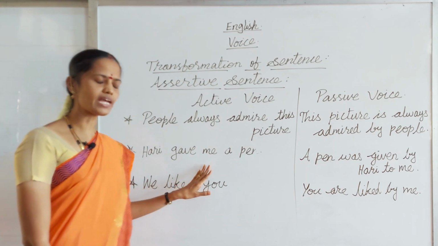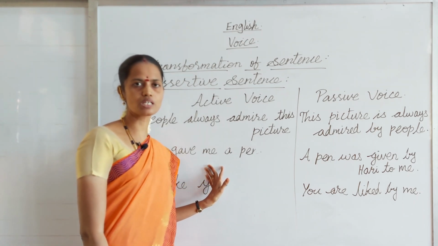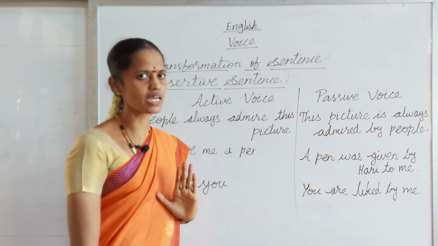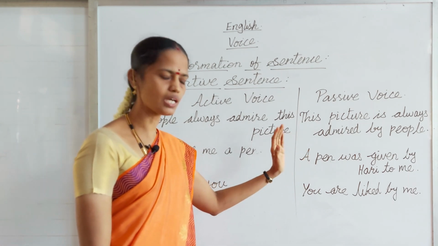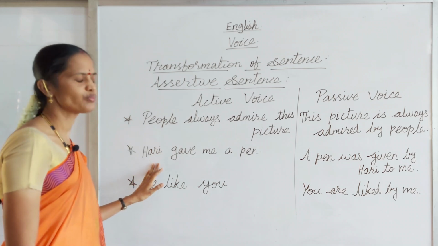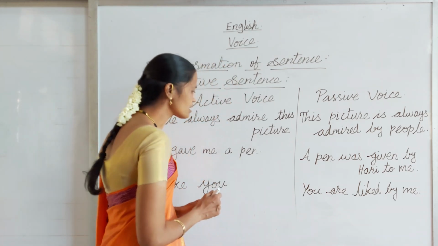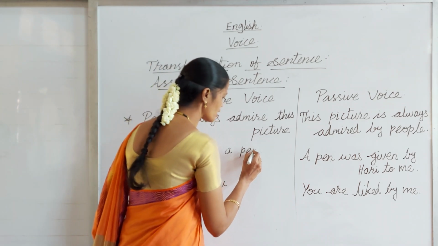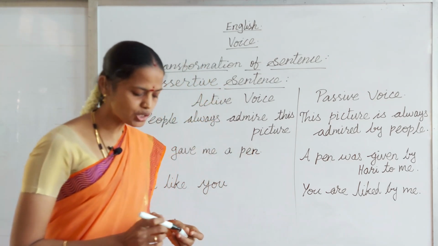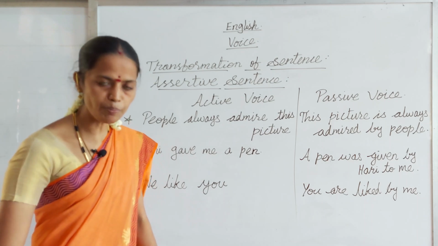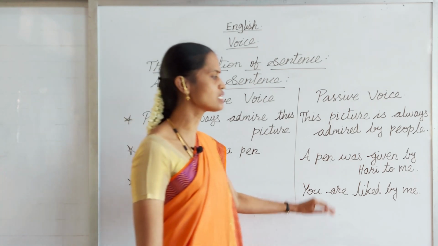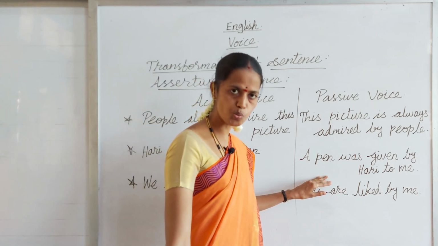So, in active voice, if two objects are given, how can we change that into passive voice? As usual, we are going to bring the object. Here, we have to take the direct object, "a pen," and consider it as the subject in passive voice.